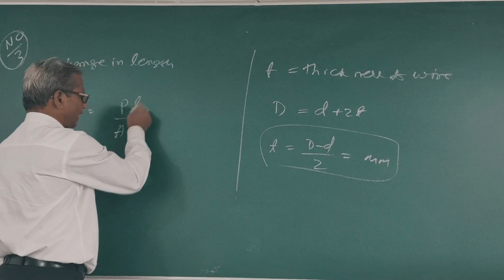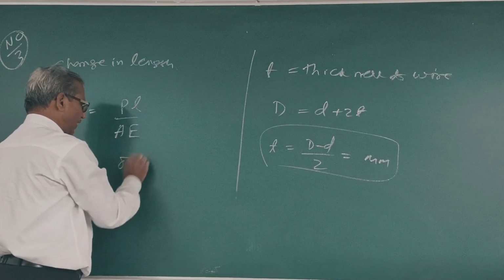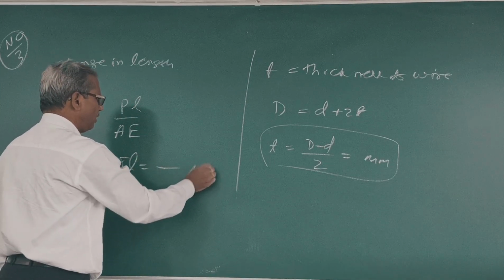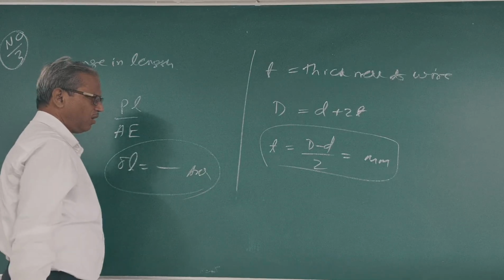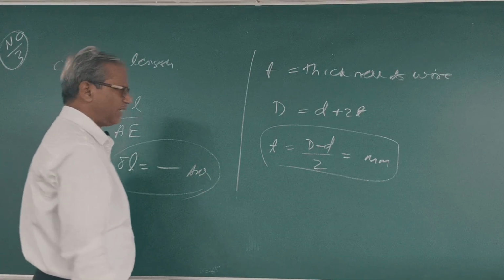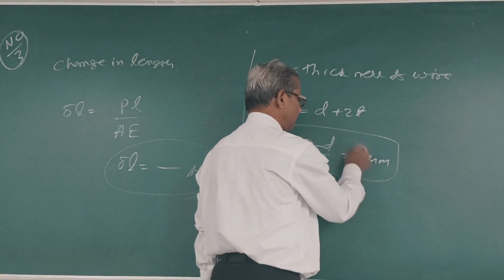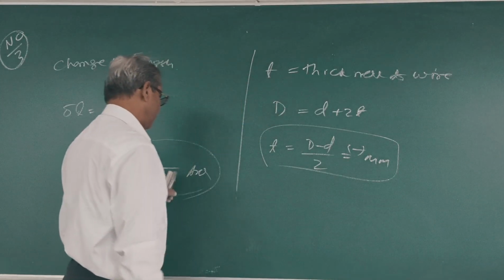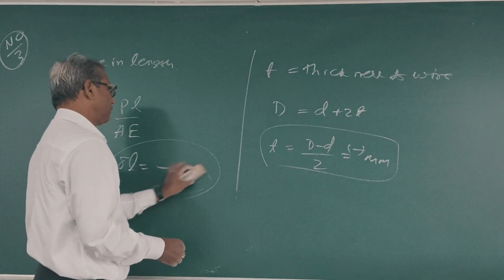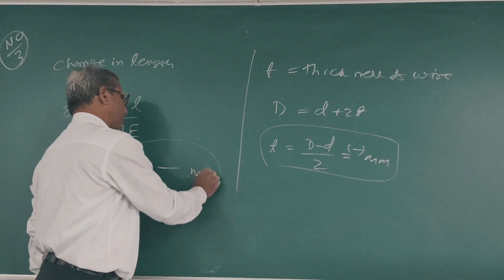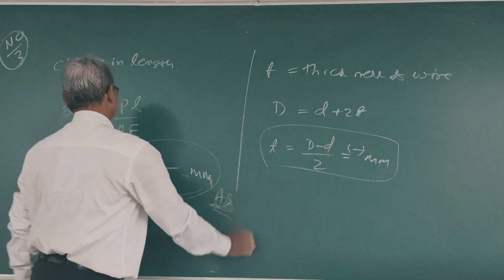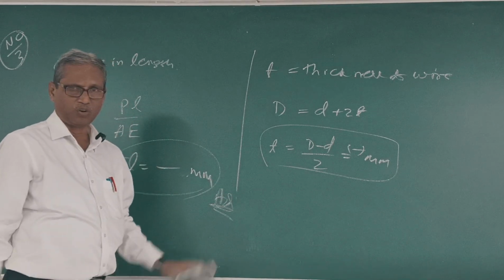Put the values. Clear? Find out delta L. Now this is T, the thickness. Delta L, all are in mm. This is mm, this is also mm. Clear? This is the answer. Next class I will do number 4 problem.